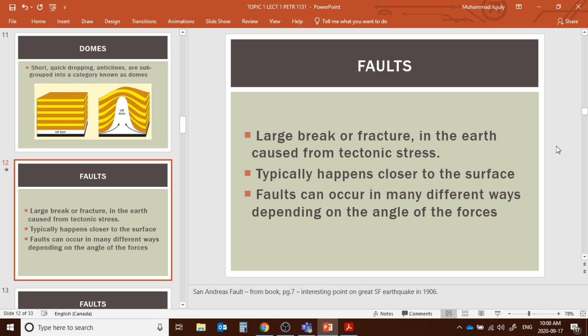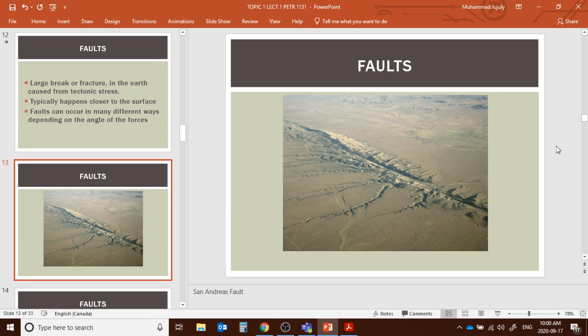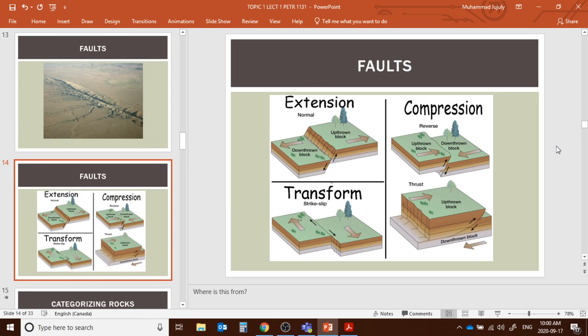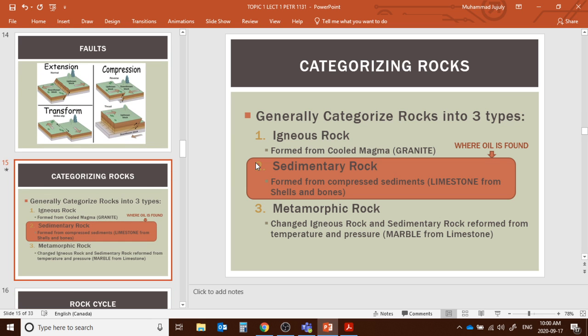And we have learned about faults, a type of fracture that is created due to the stress of the earth. Now we know how this geological formation changes, but how it relates to petroleum migration, we'll see later. Now, in this section, we'll learn about categorizing rocks.